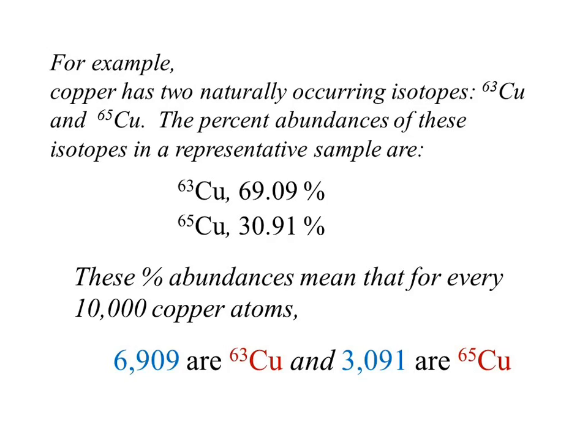That means if you had 10,000 copper atoms, 6,909 of them would be the lighter one, and 3,091 of them would be the heavier one. So we're on about a 70-30. Cool. So that's what that percent abundance means.